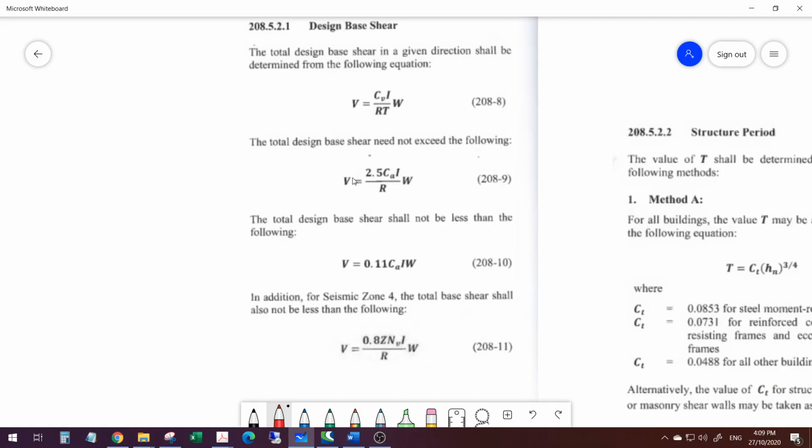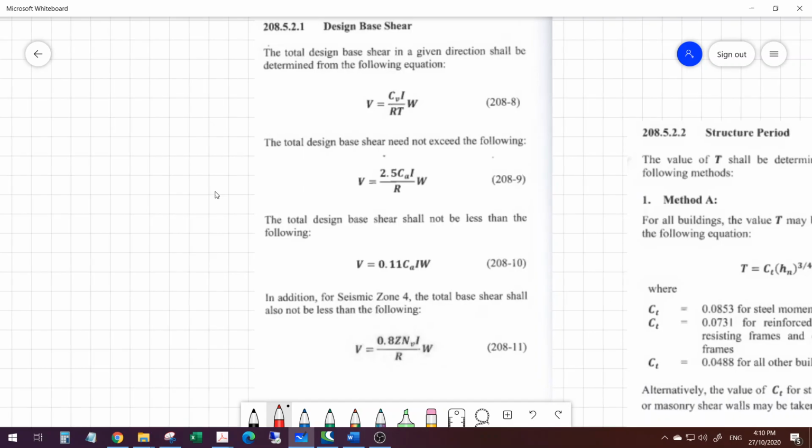Now, if this one does not exceed this V max, this will govern. Most likely, if this value is near this and it does not exceed this value, it will govern. But if ever this is more than this one, this will definitely govern.